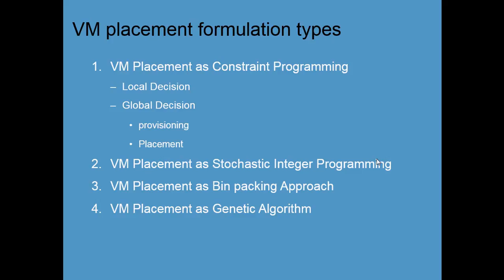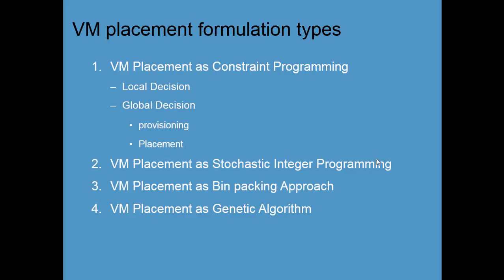The placement phase takes the allocation list as input from the provisioning phase, and the global decision method creates a single list from all lists. This list contains all the virtual machines running at the current time, and the aim of this phase is to minimize the number of active physical machines.